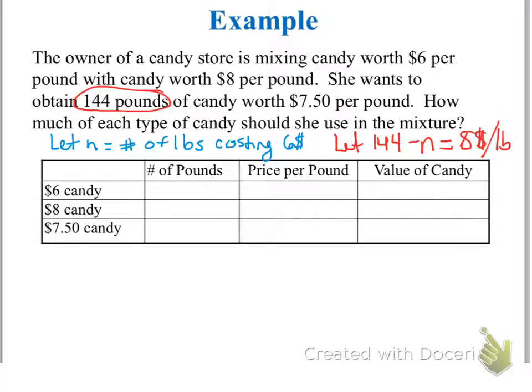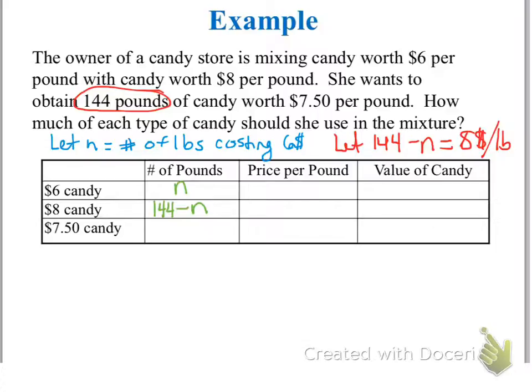Okay, so if I organize my information here, $6 candy, I'm going to have n pounds. $8 candy, I'm going to have the total amount, 144 pounds, that's the total amount of both minus n. Because if I take away this one, then I will be left with whatever else is going to be in the $8 candy.